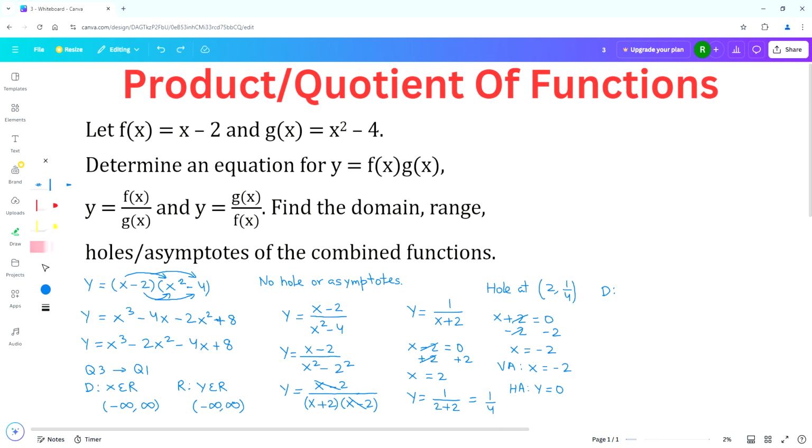So we can write the domain as x cannot be equal to the vertical asymptote value -2 and the x coordinate of the hole, which is 2. This should be the domain for this function.